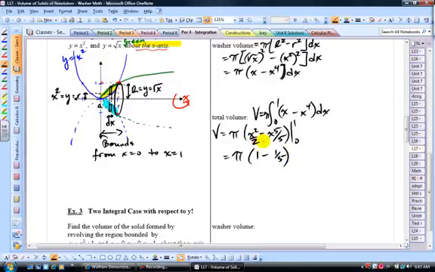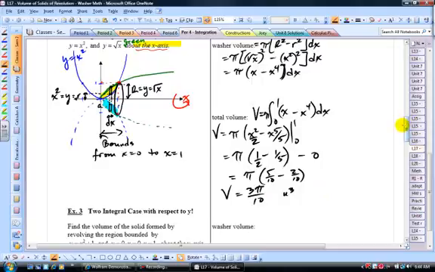It's x squared divided by 2. What am I saying here? So it's going to be 1/2 minus 1/5, minus 0. That whole function evaluated at 0 gives 0 there. And that's going to be pi times 5/10 minus 2/10, which is 3/10. And 3/10 times pi is 3 pi/10. And that's going to be the volume in terms of cubic units here.